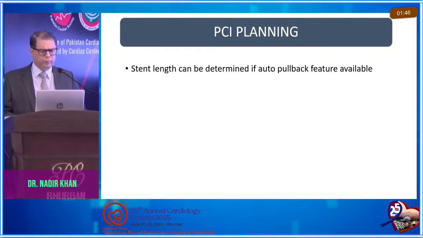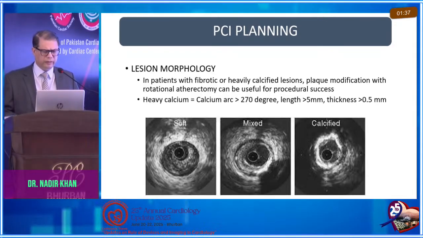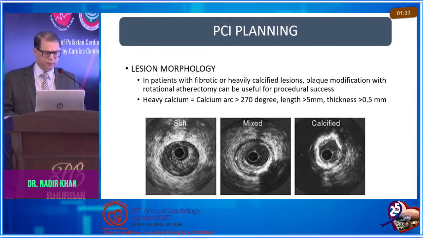Stent length can only be determined if you have the auto pullback feature available. Otherwise, with a manual pullback, you can't determine the length of the stent. There are different types of plaque morphology: a soft plaque, a mixed plaque, and a calcified plaque.